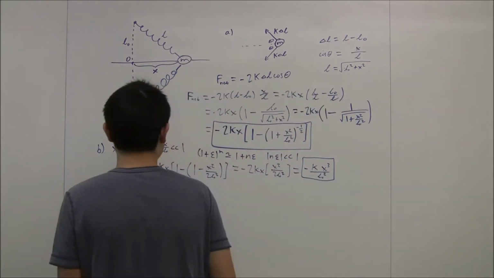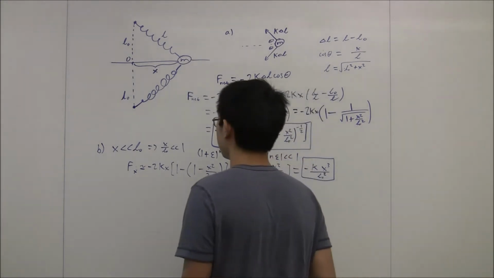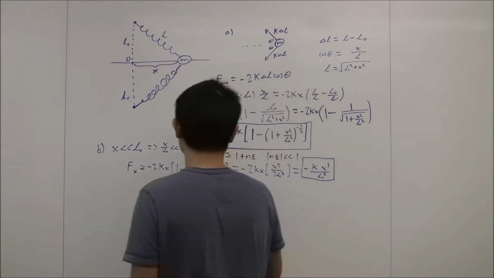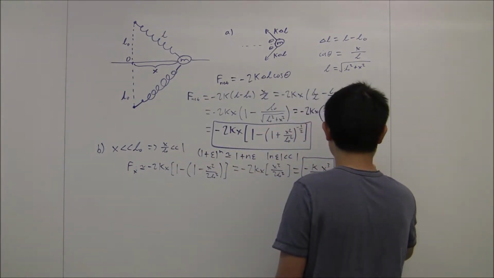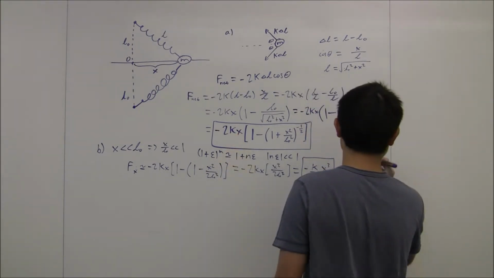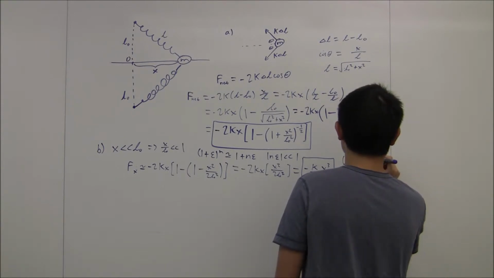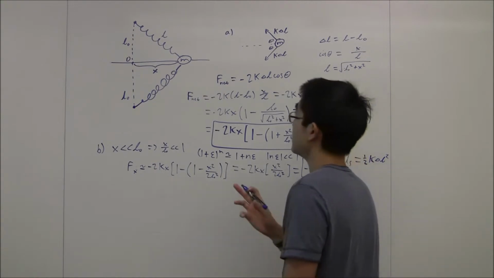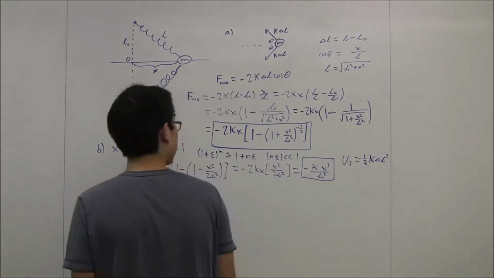So recall that the potential energy in one of the springs is U of S, which is half of k times delta L squared, where delta L is the stretch of the spring from its equilibrium position.